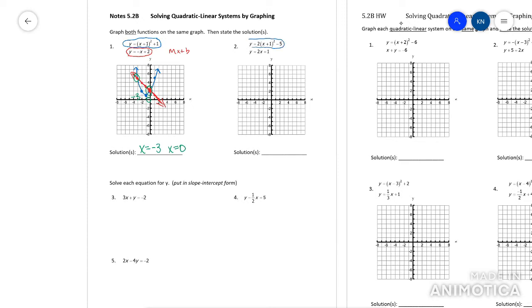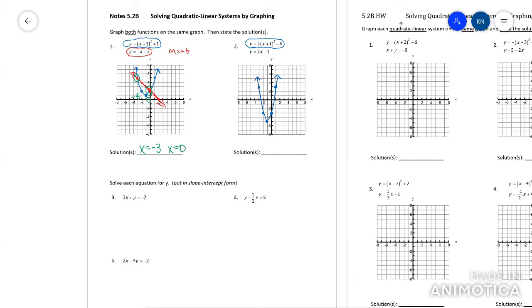You have your quadratic function, vertex of -1, -5, an a value of 2. All right, so this line's going to look something like this.